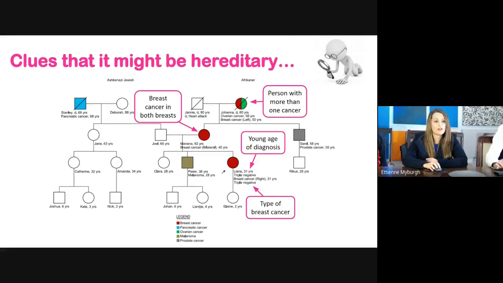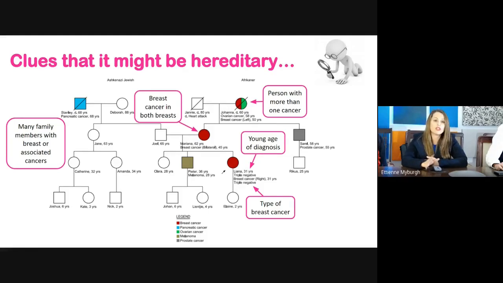And then if you look at the family tree as a whole, you'll see that there's quite a few family members that have been affected with cancer. I call it associated cancer. We know that the breast cancer genes often link ovarian cancer and breast cancer together.